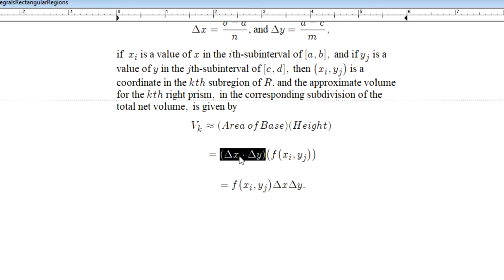Those quantities multiplied together will give us the area of the base for the kth sub-right prism whose volume we're trying to approximate. And the height of this kth sub-right prism is going to be given by the value of the function at this coordinate x sub i comma y sub j in the kth subregion of R.